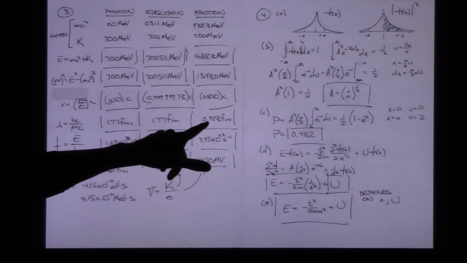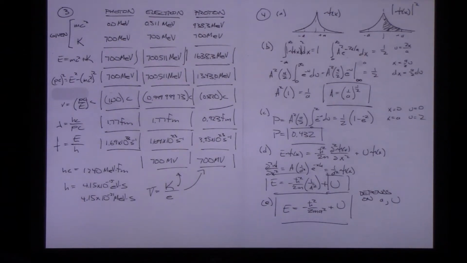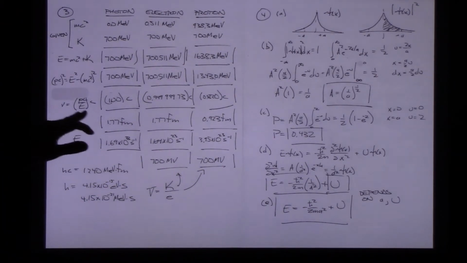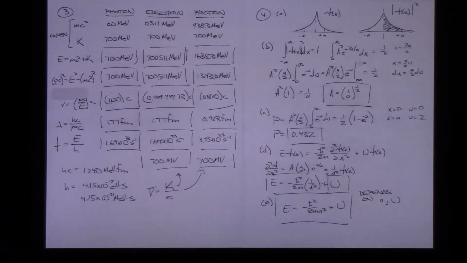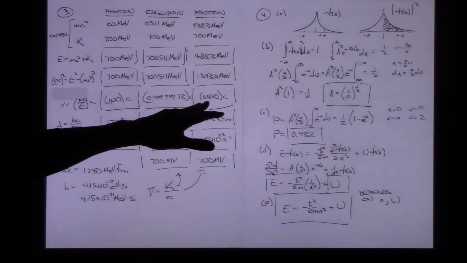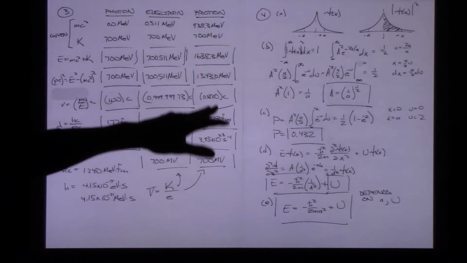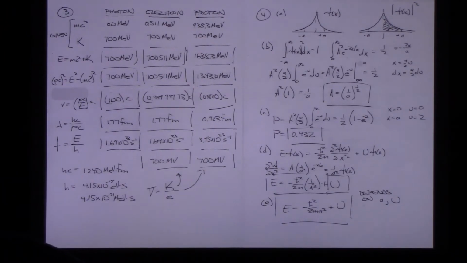Now, the proton is not overwhelmed by this much kinetic energy. And so when I put in hc over pc on this, I end up with 0.923 femtometers. So it's traveling slower, and it's got more mass, but when I put this in, 0.923 femtometers.